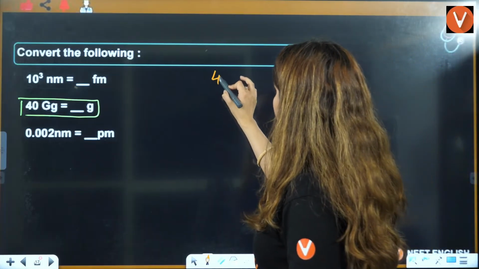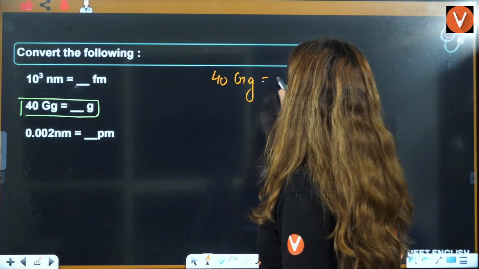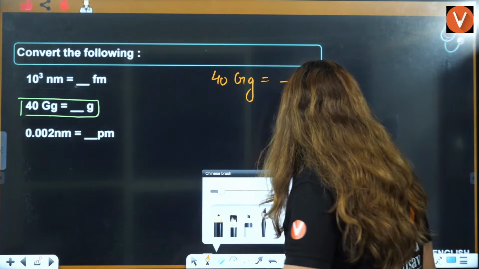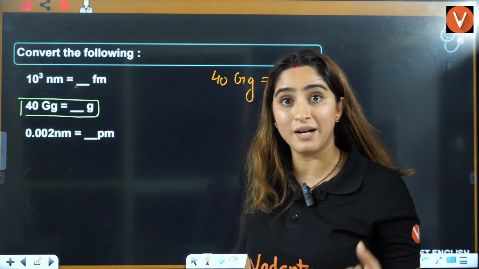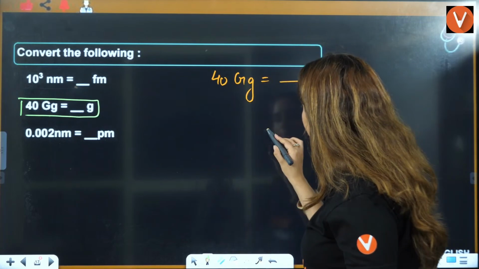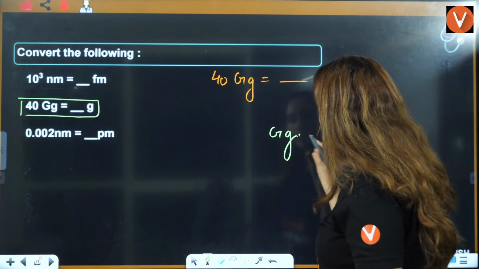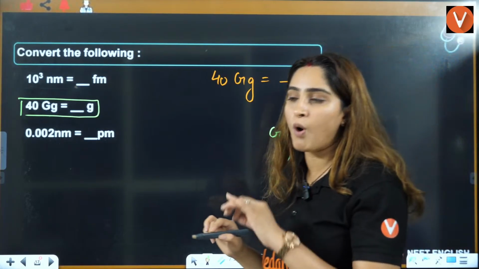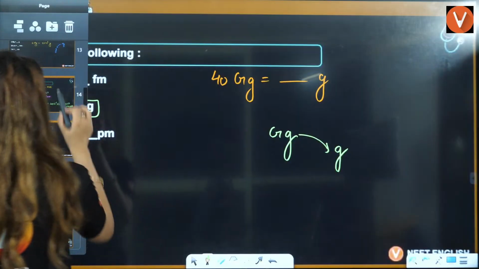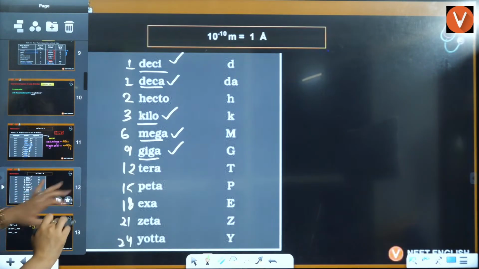This is 40 gigagram, to dash gram. Now, is giga bigger or smaller than gram? It is bigger. So, gigagram is converted to a smaller part, that is gram. Giga is what, beta? Giga is 10 raised to power 9, you can see this here, students.